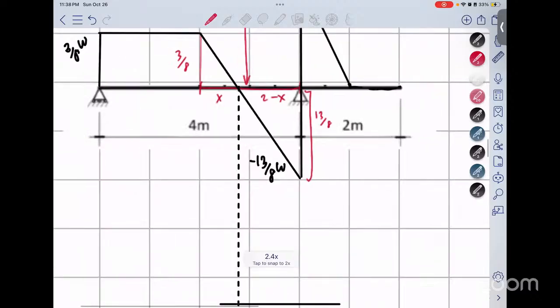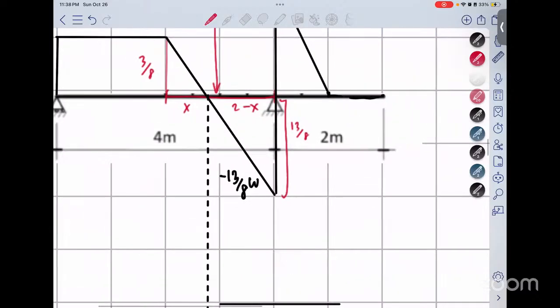So then we can use similar triangles. So x over, so that's the base, over 3/8, that's equal to 2 minus x over 13/8.